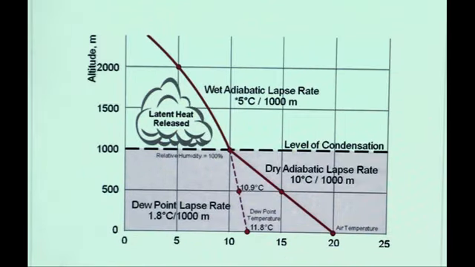Now concentrate on this figure. This figure shows 1000 meters of height, which is not necessarily always the constant one, but in this figure is the level of condensation. Level of condensation is where latent heat will be released, and it is written here with the cloud.